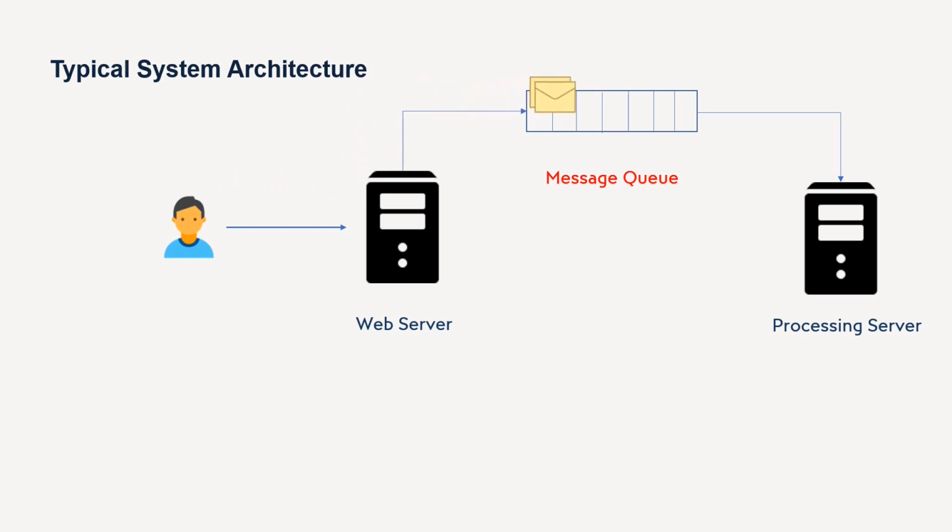Then this message queue will store all these messages, and then it will send these messages to the backend server to process them, but not right away. Depending upon the capacity or the performance of the backend server, it will send the messages to the processing server. And then when they are processed, the response is sent back to the client. So in the whole process, the client just fired a request and stepped away. Maybe he is doing something else, and whenever the processing is done, he is notified.